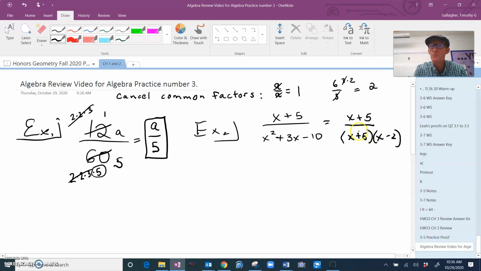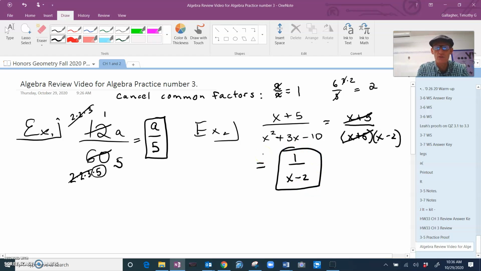So the x plus 5s are the two factors that are in common in this expression. So my answer here is 1 over x minus 2. So look for those common factors.